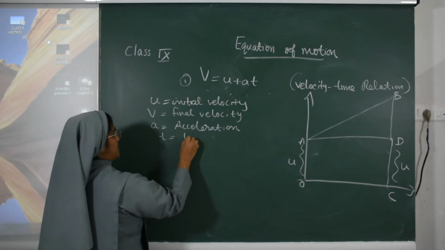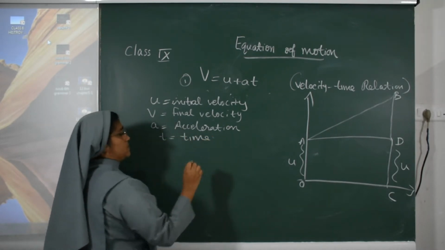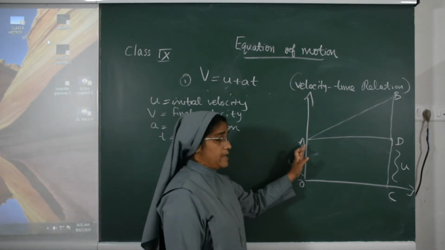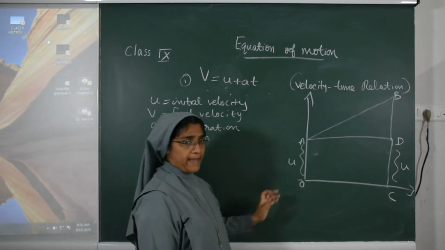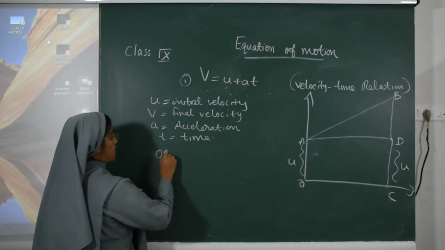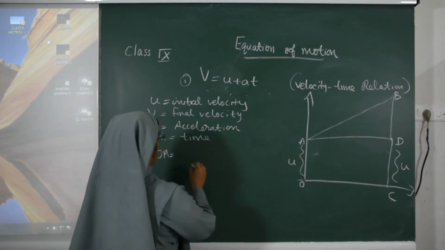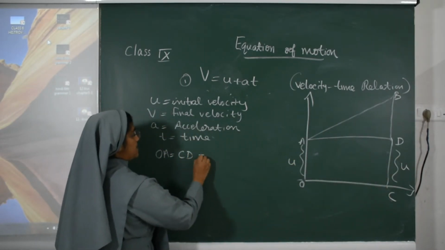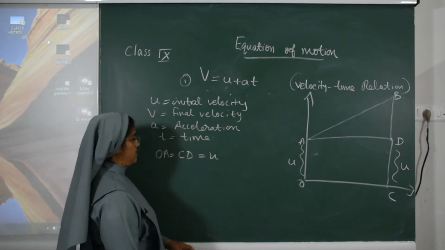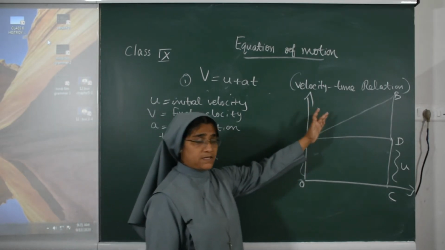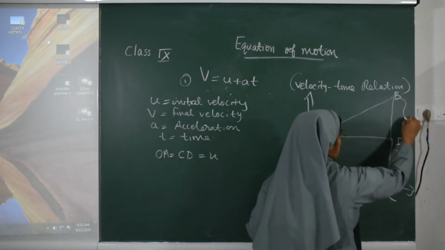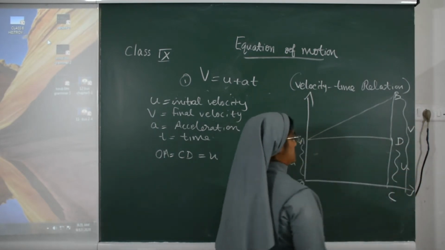That is time. So, here initial velocity is OA, equal to CD, also initial velocity. Then final velocity is BC.